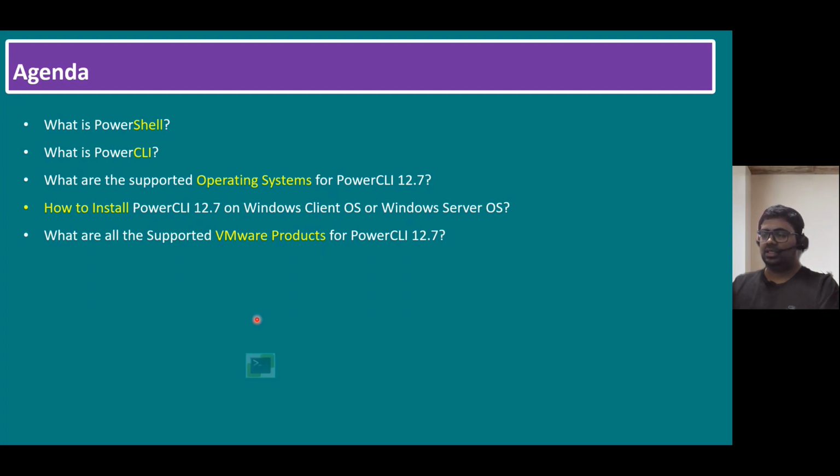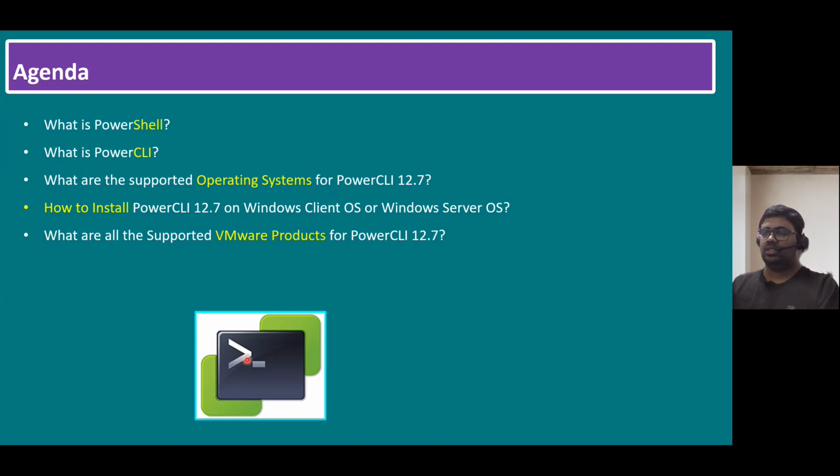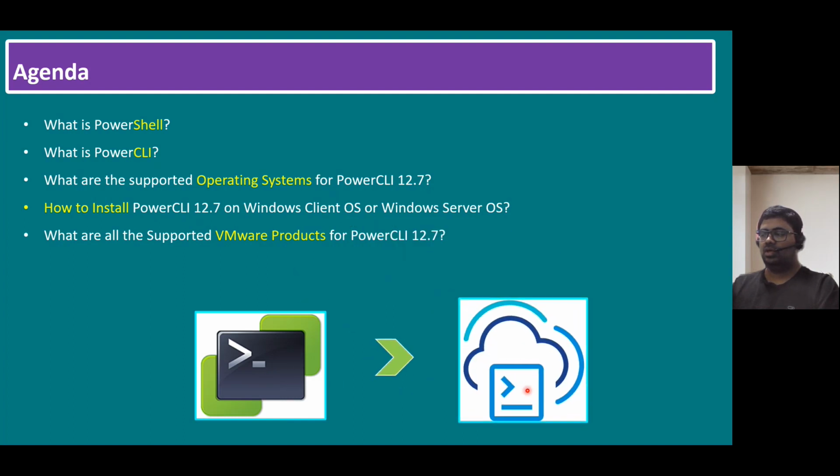Before going to discuss, in our previous version, the VMware PowerCLI logo looked like this. It consisted of a command line interface icon, along with the VMware logo. That is the previous PowerCLI logo. But recently the logo was updated. It is still the command line interface, but they changed the vSphere symbol to a cloud symbol.